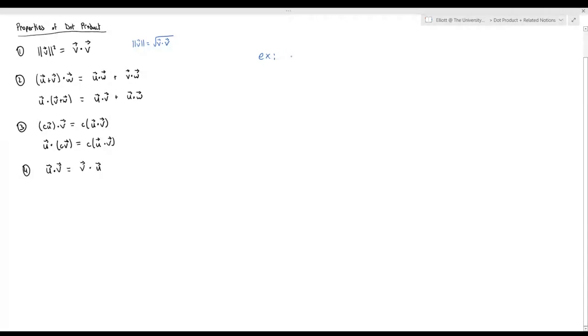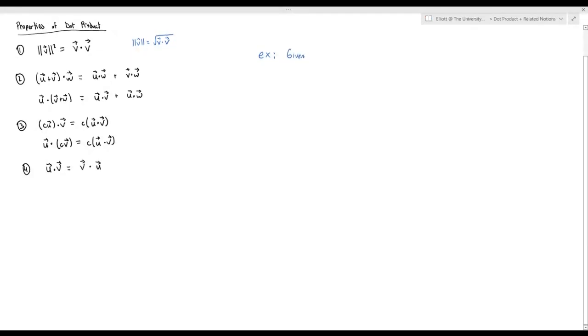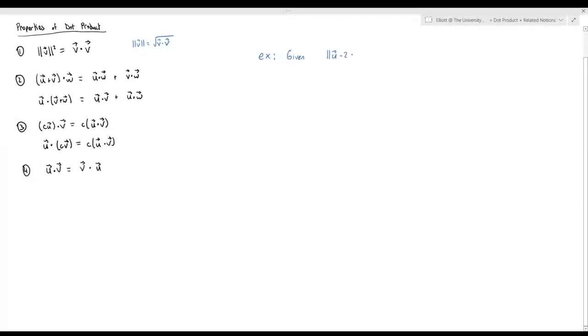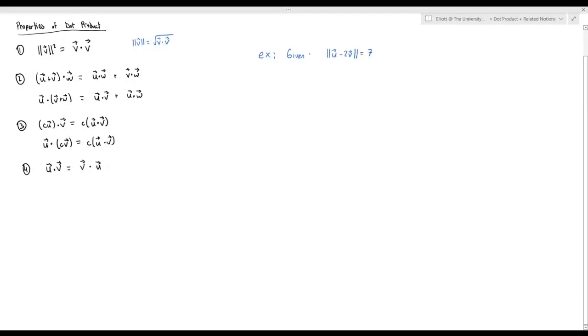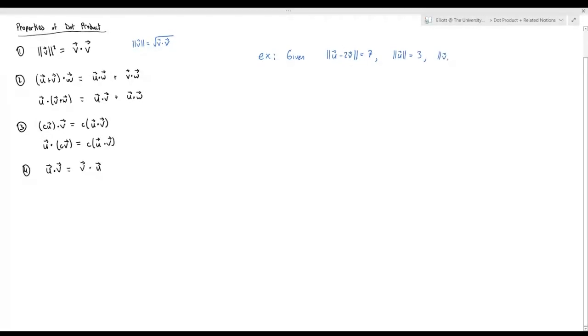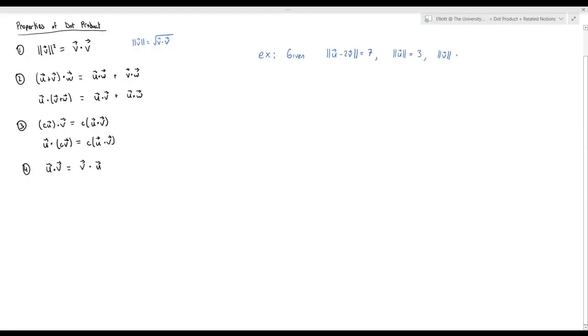Let's say we're given the following pieces of information. We're given that the norm of u minus 2v is equal to 7. We're also given that the norm of u is 3, and lastly that the norm of v is equal to 5.